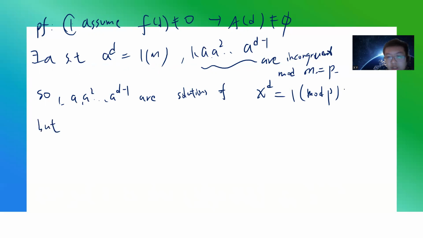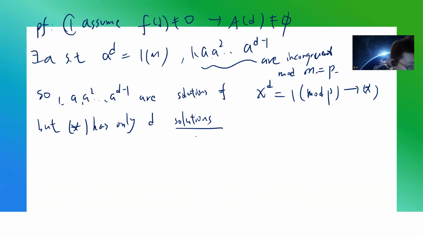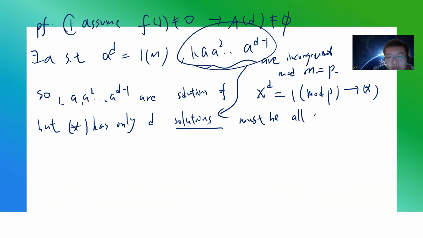But this equation has only these solutions, right? Because this is mod p, a field, so it has only these solutions. Okay, so all of these must be all the solutions. So there are no other solutions outside of these.